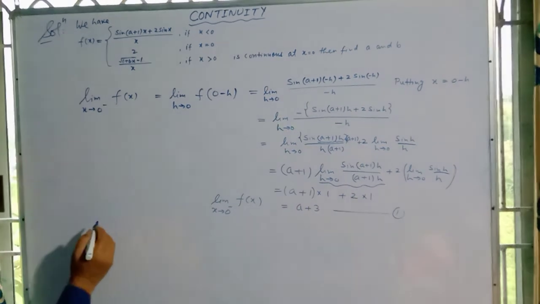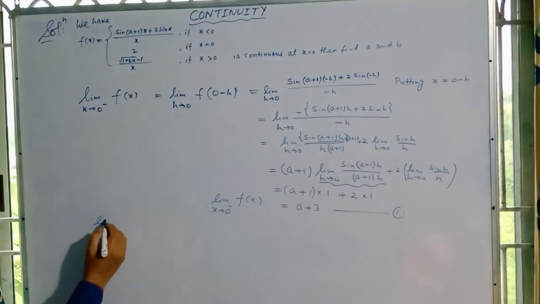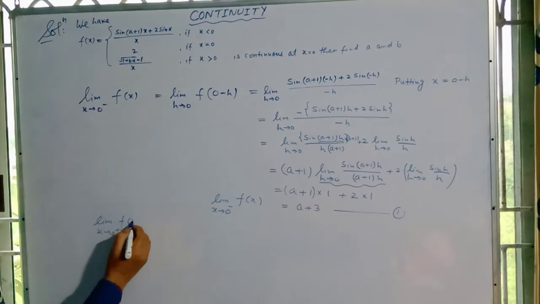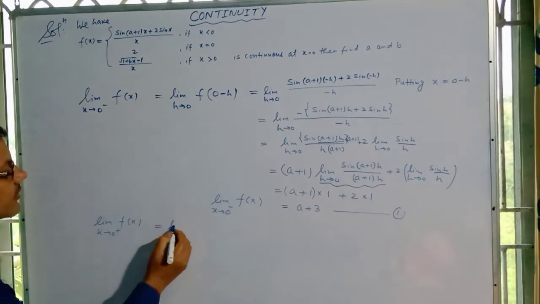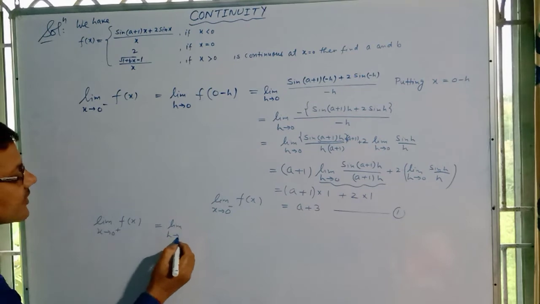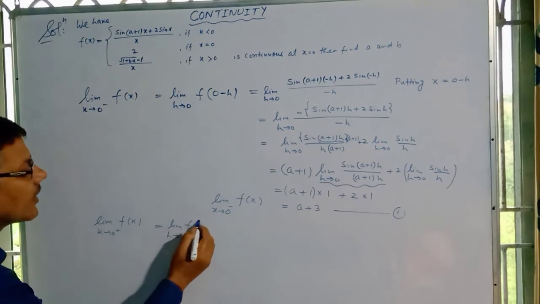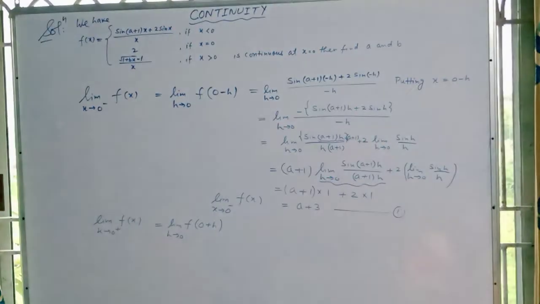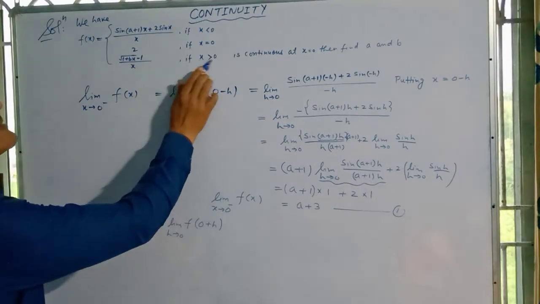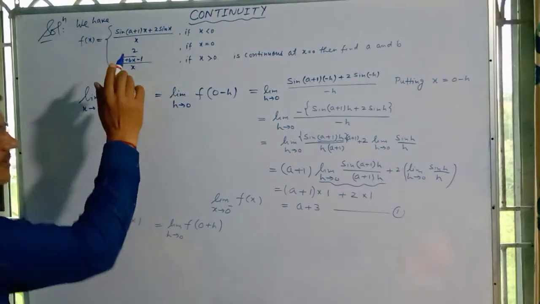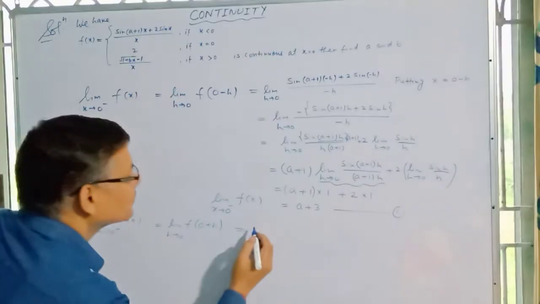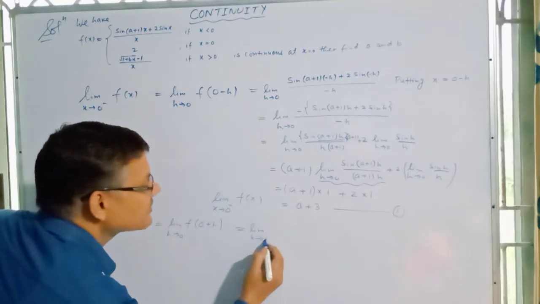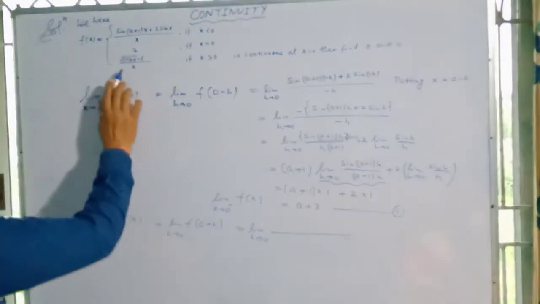Now again we are required to get the limit as x tends to 0 from the right of f(x), which is equal to the limit as h tends to 0 of f of 0 plus h. This is the function for x greater than 0. So we write, it is equal to the limit as h tends to 0 of this function.